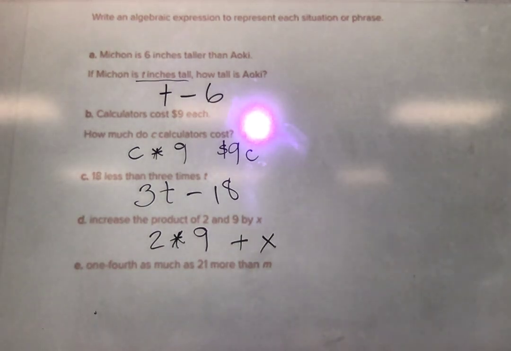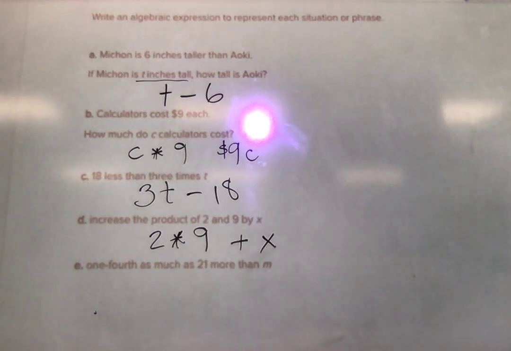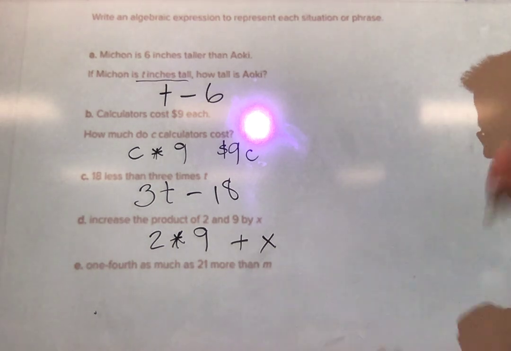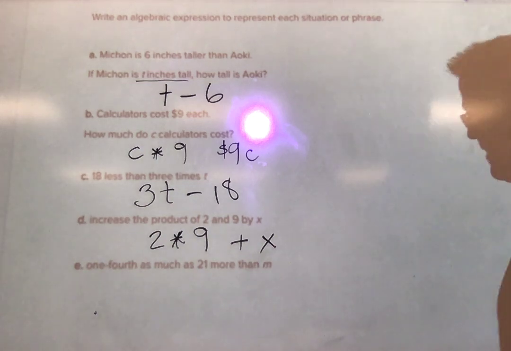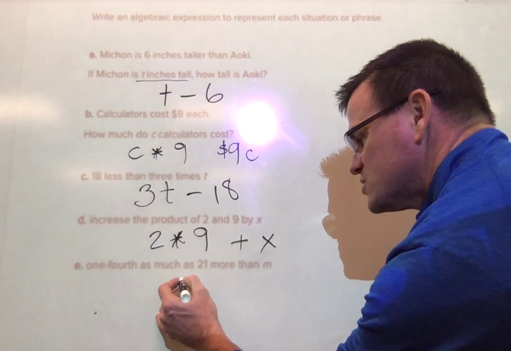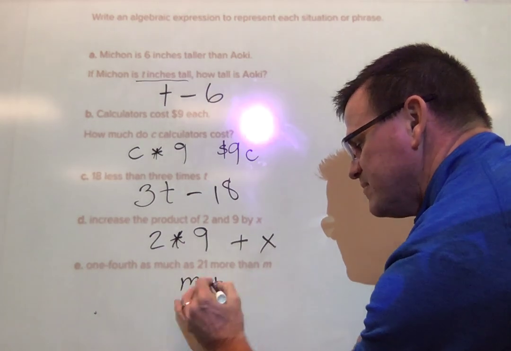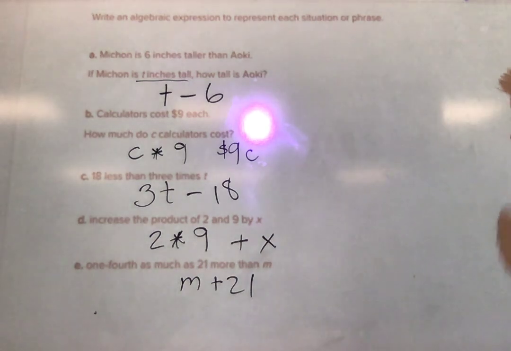And question E, 1/4 as much as 21 more than M. So I want 1/4 as much, which means it's going to be a lower amount. I just want 1/4 of something, as 21 more than M. So again, I need to find 21 more than M first. Well, 21 more than M, I could write M plus 21, because if I want 21 more than M, I'd add.